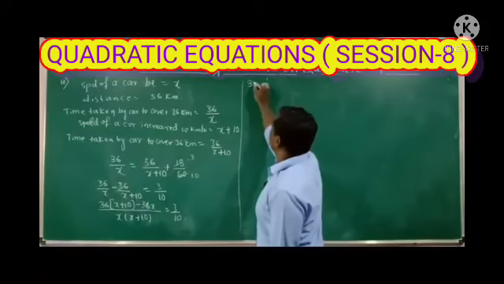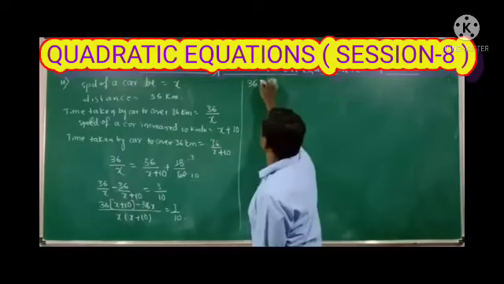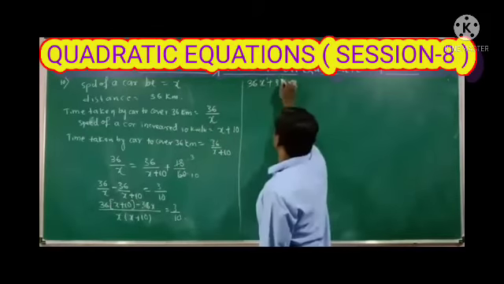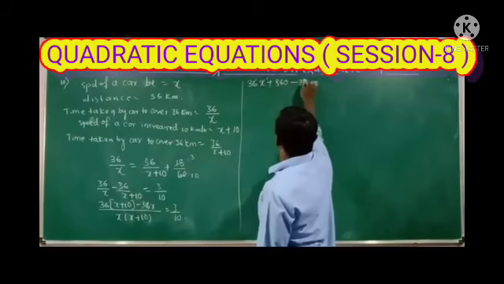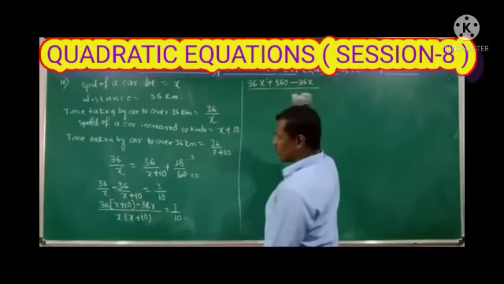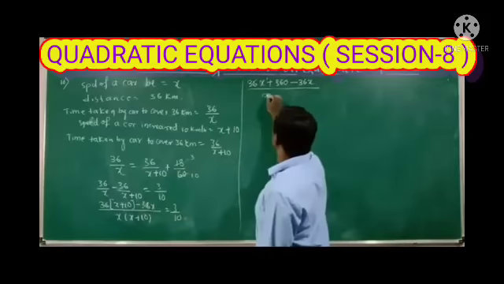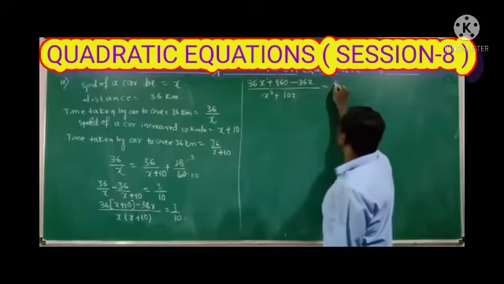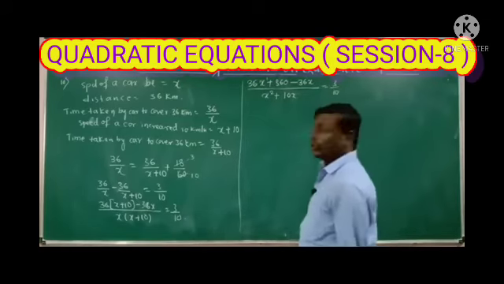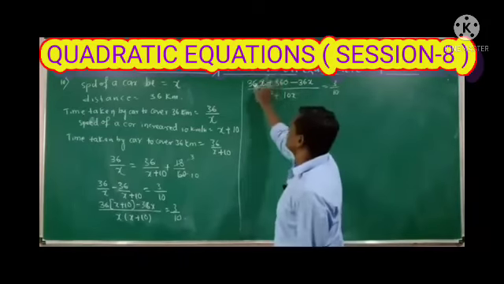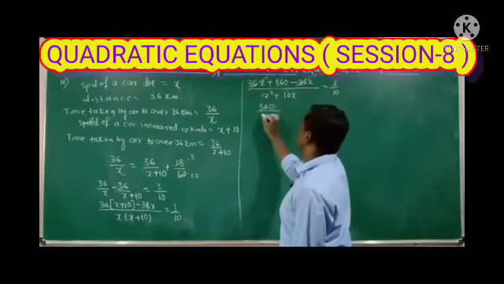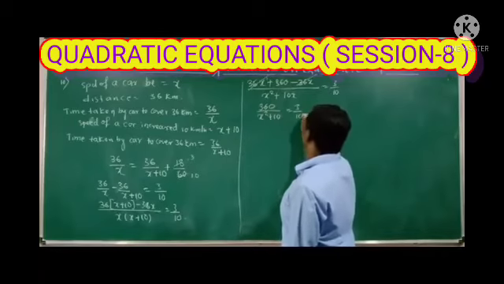So 36 into x is 36x, plus 36 into 10 is 360, minus 36x, whole divided by x into x plus 10, that is x square plus 10x, which is equal to 3 divided by 10. Plus 36x and minus 36x get cancelled, remaining 360 divided by x square plus 10x, which is equal to 3 divided by 10.